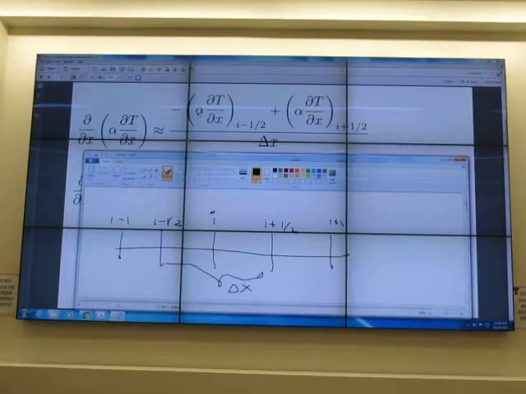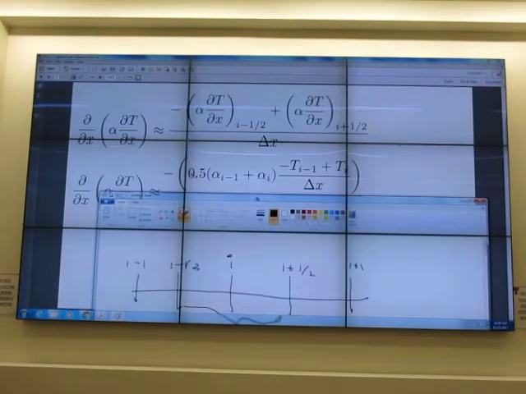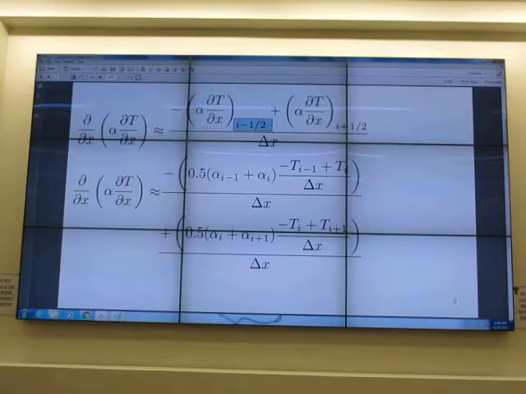So alpha defined at I minus half is the average between that point and that point. Make sense? So that's why I have alpha at I minus 1 plus alpha at I, divided by 2.